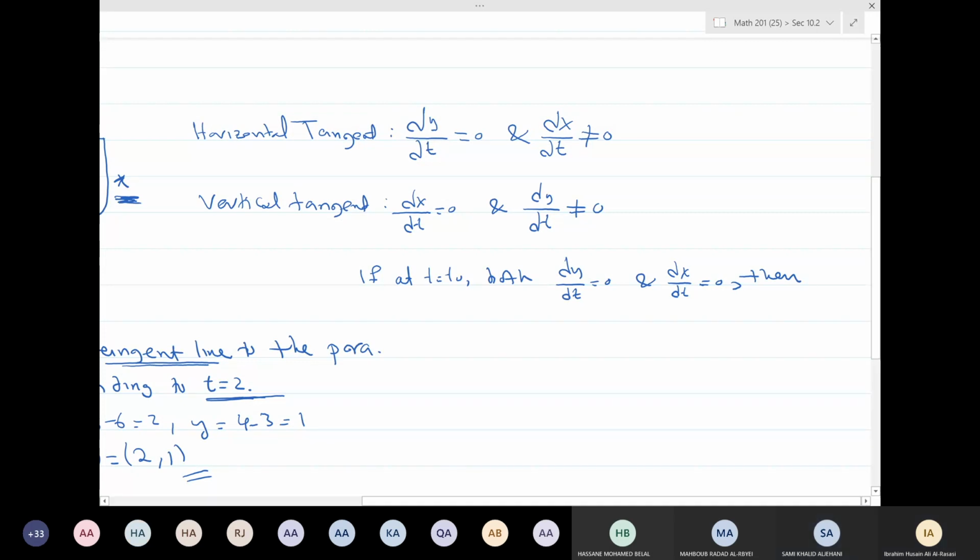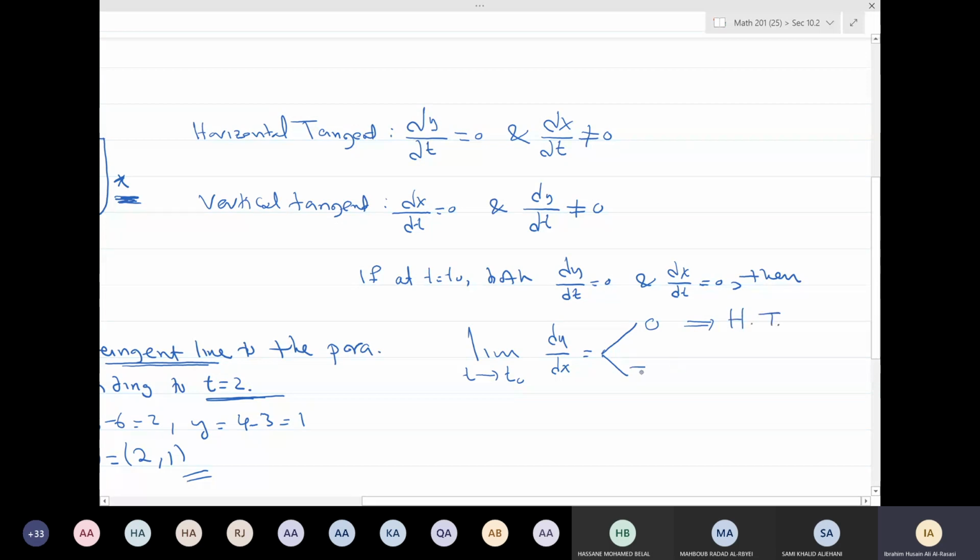0 over 0. When you substitute a value, you get 0 over 0, so here you have to take limits. You take the limit as t approaches t0 of dy/dx, because it will be 0 over 0. So use L'Hopital's rule and see what you get. If you get the limit equal to 0, then horizontal tangent.